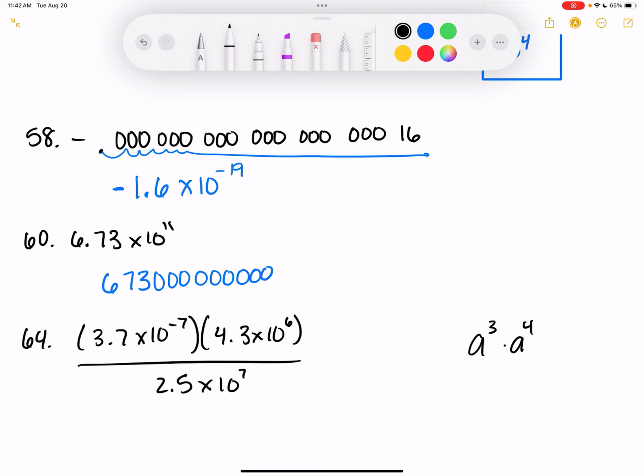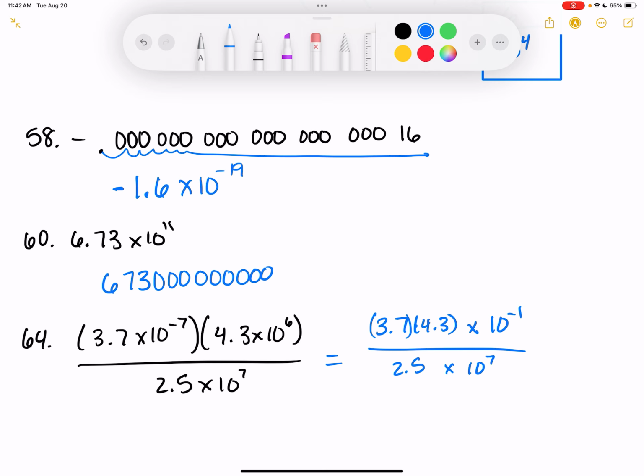So up here, these two things have the same base. What do I do with their exponents? Add them. So on top I'm going to end up with 3.7 times 4.3 times 10 to the negative 1, over 2.5 times 10 to the 7th.